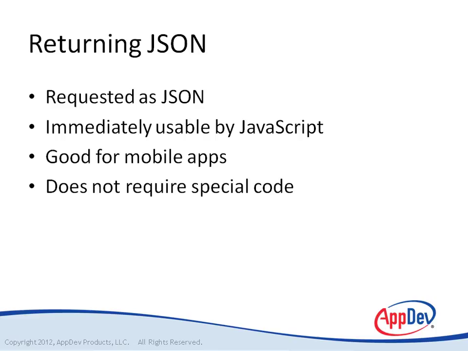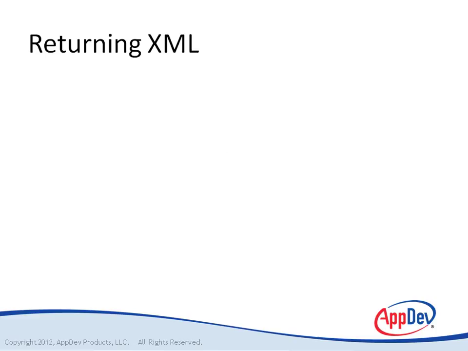So let's talk about XML. What if we want XML back from the service? Well, one of the things that I want to say up front is that no code needs to change in terms of the way we ask the Web API for data. In other words, if I set up a bunch of Ajax calls to the Web API to get data back, I don't necessarily have to change those calls.